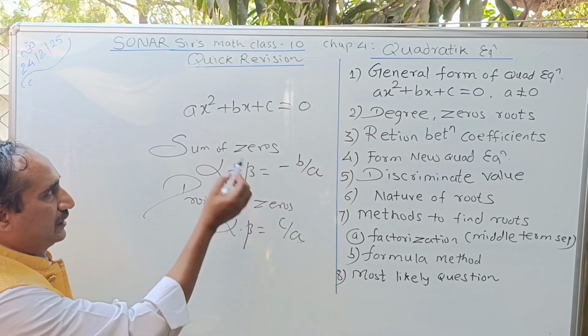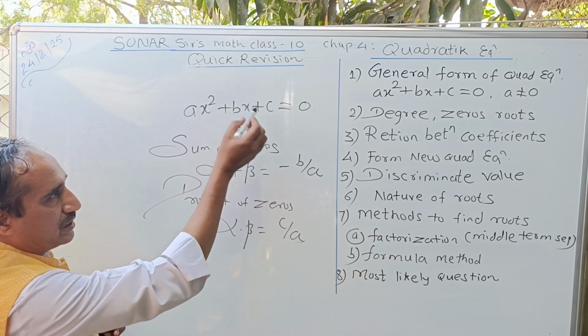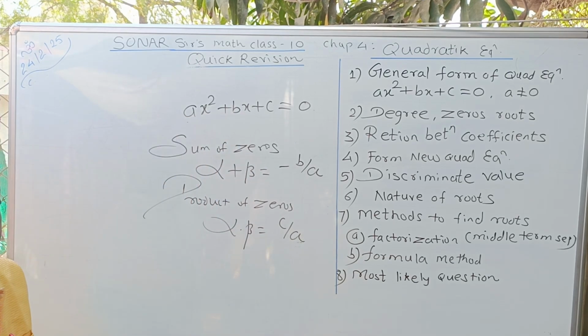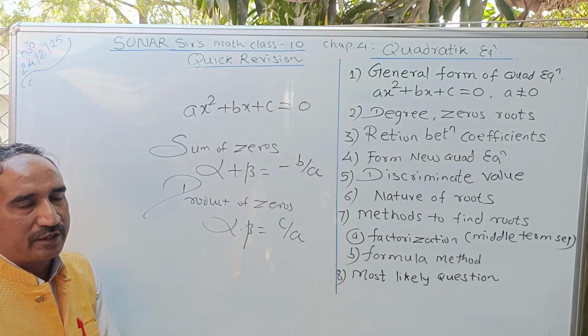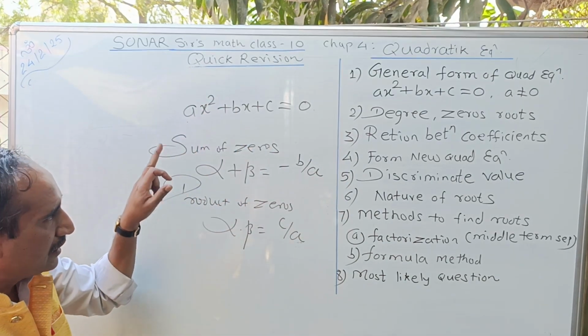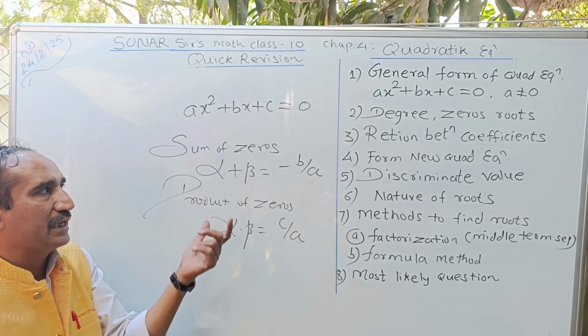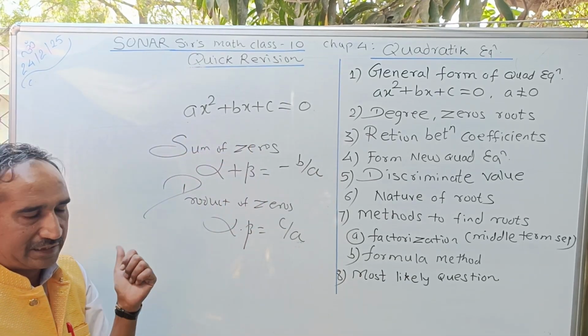What are a, b, c? a, b, c are the coefficients of x square, x and the constant term. We already learned this in pair of linear equations in two variables. But here, related to the quadratic form, you can say the relation between the coefficients and zeros of the quadratic polynomial.